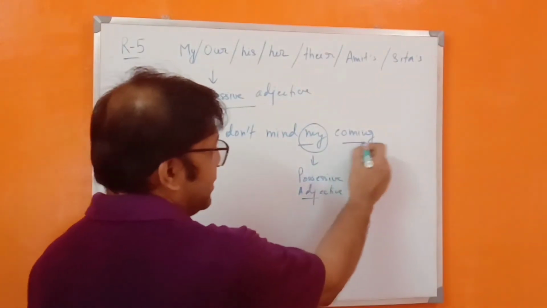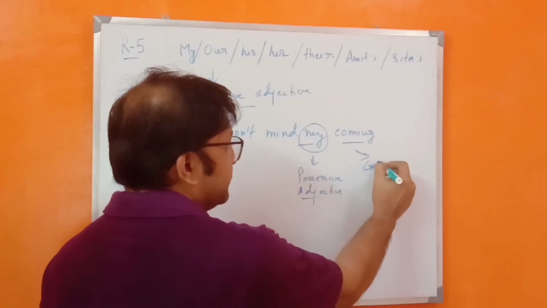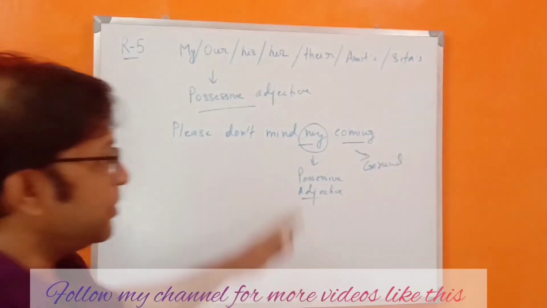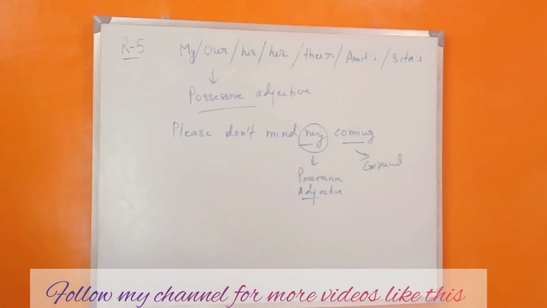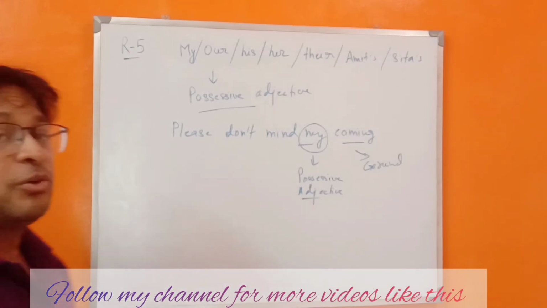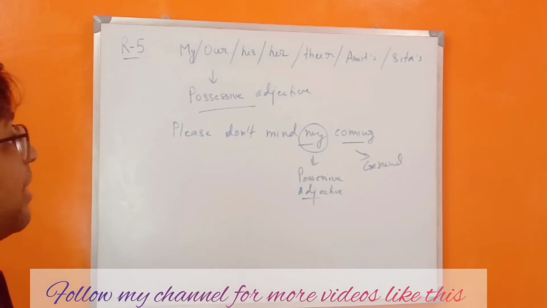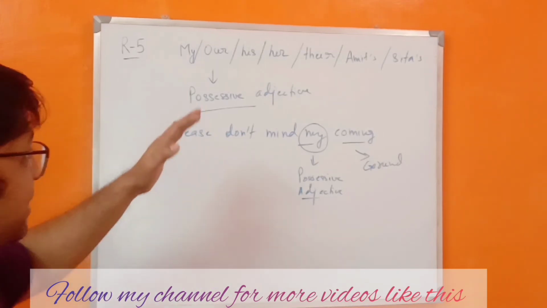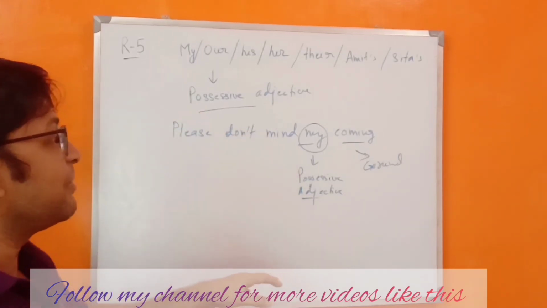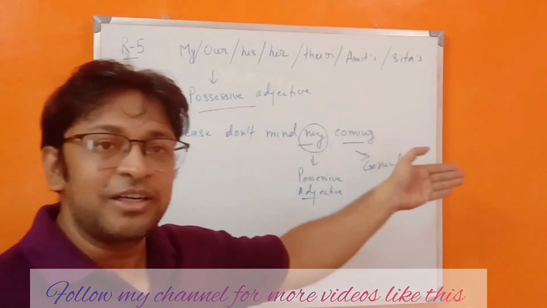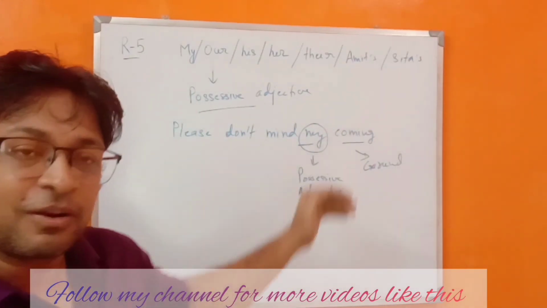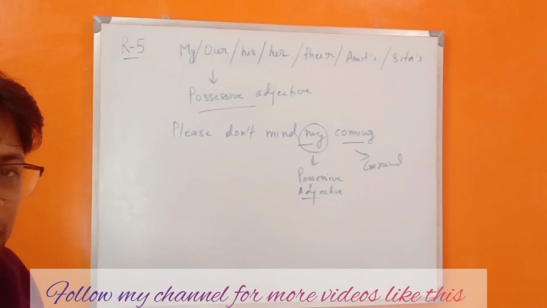And after that, our gerund. So be careful. Please don't mind his interrupting. Please don't mind her interrupting. So these are the things: after using our possessive adjective, the gerund is used. So you have to be very careful and remember this also.